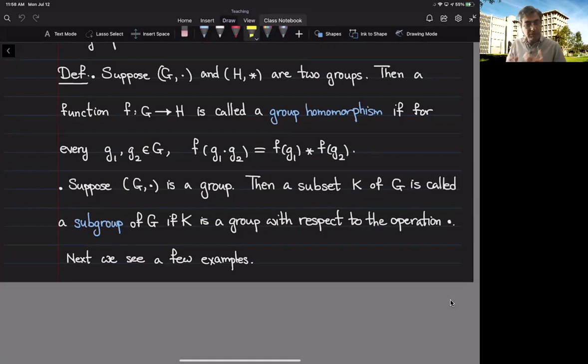Of course, this implies that for every two elements inside K, when I multiply them, I need to get another element inside K, and more. We will find out a good way of understanding whether or not a subset is a subgroup later in this video. Let's start with some examples.